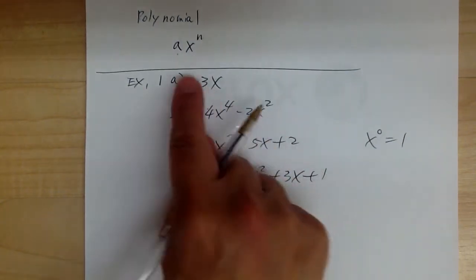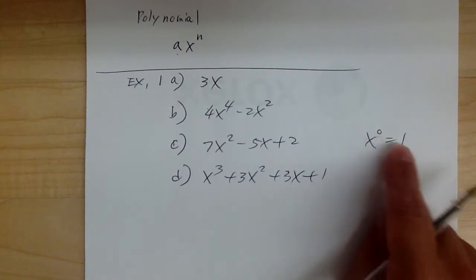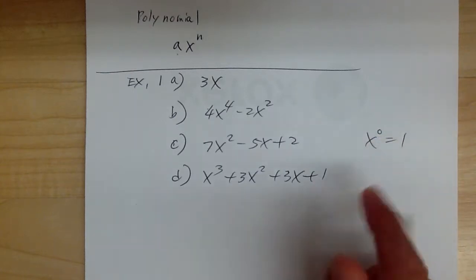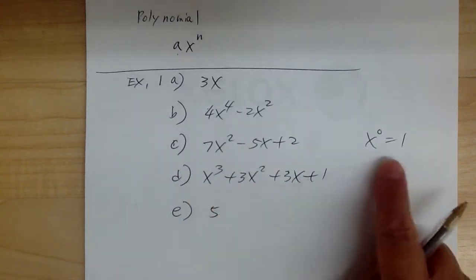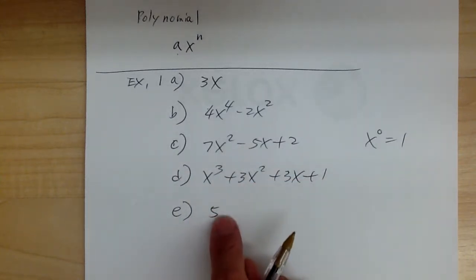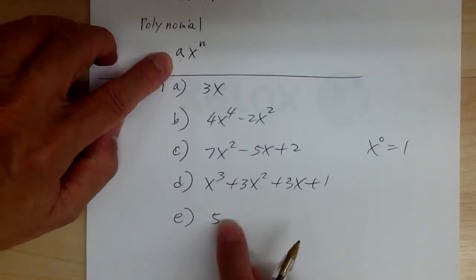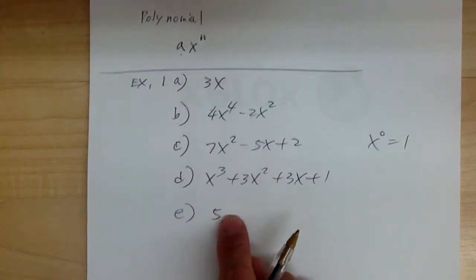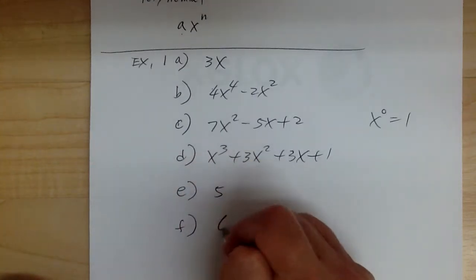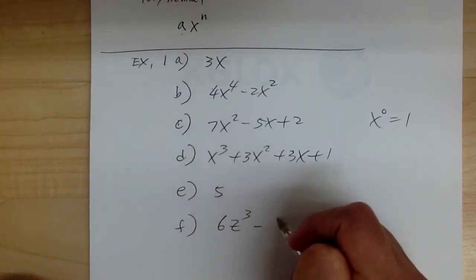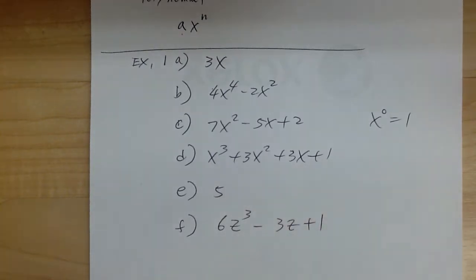What it means is that it's the variable to the 0 power. That's why you don't see any variable. So E, again, this is a polynomial. We covered this, right? This is 5x to the 0 power. Okay, let's go to F. You got 6z to the 3 minus 3z plus 1. Again, all these are examples of polynomials.